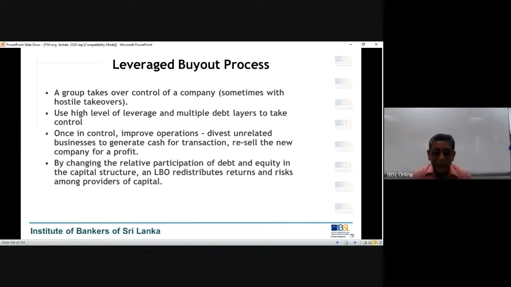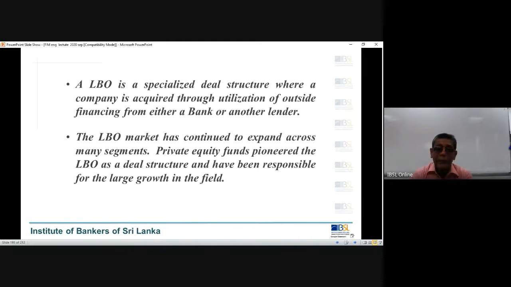Simply put, a person takes over a particular organization using more credit, which we call a leverage buyout, or LBO. It is a deal structure where a company is acquired through outside financing from banks or other holders. So a leverage buyout means using debt to take over a particular company. Remember that.